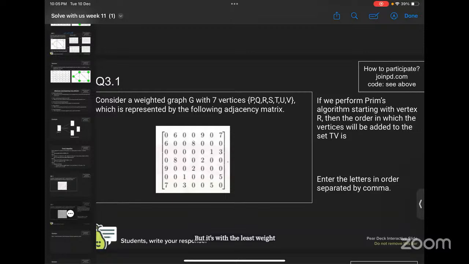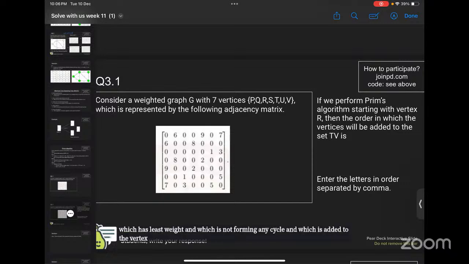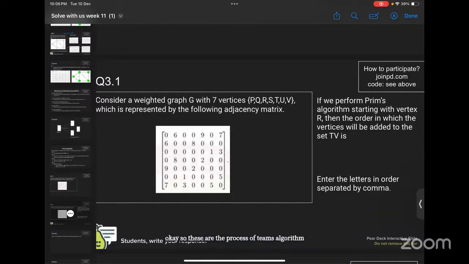Then we gradually grow our tree by adding edges which have the least weight, which do not form any cycle, and which are attached to the vertices we have already collected. So these are the steps of Prim's algorithm, and this is the adjacency matrix. Now calculate and let me know the answer.